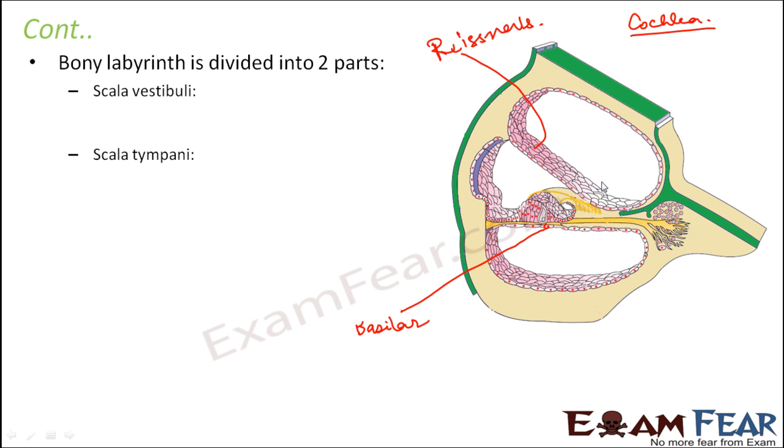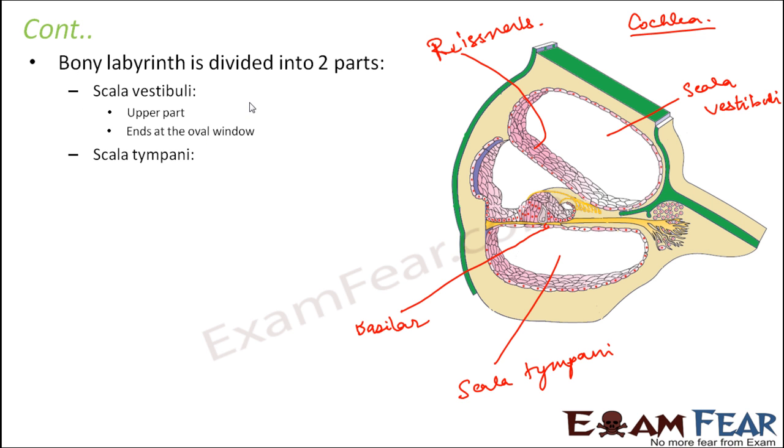Now the bony labyrinth, that is the outer side of the labyrinth of the cochlea region, is divided into two parts. One is scala vestibuli. This region is scala vestibuli, and the lower region is the scala tympani. Now what is the purpose of these regions? Scala vestibuli is the upper part and it ends at the oval window.